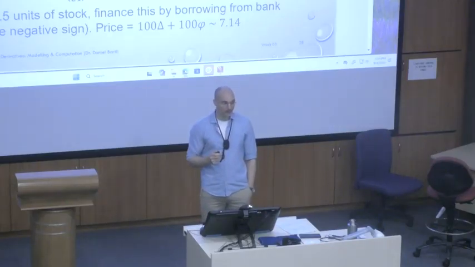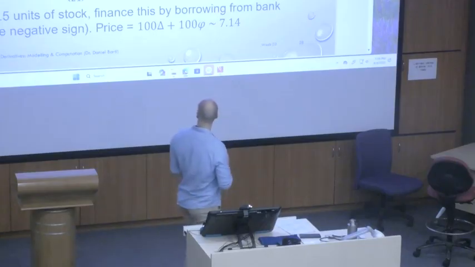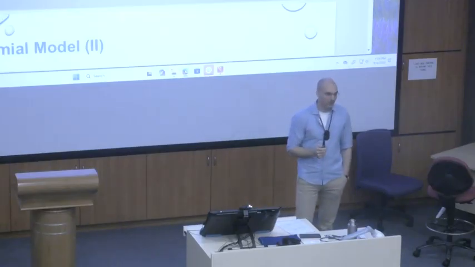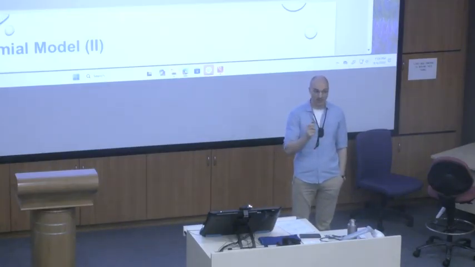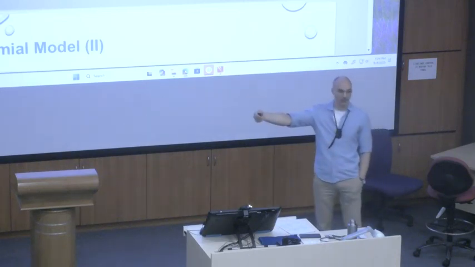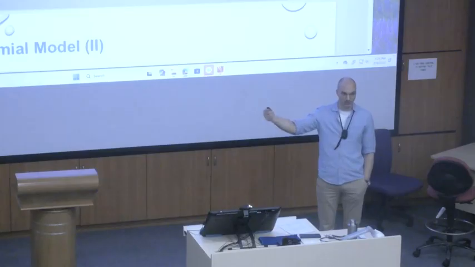Now, this is a model in one period, two nodes. I said if, and really it's a big if, such a portfolio exists for which you can perfectly replicate your option, then it's the price. But why should such a portfolio exist in general?